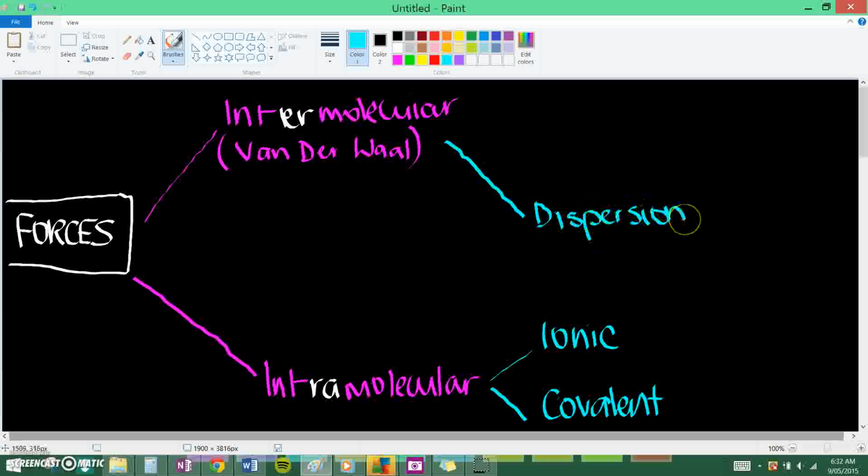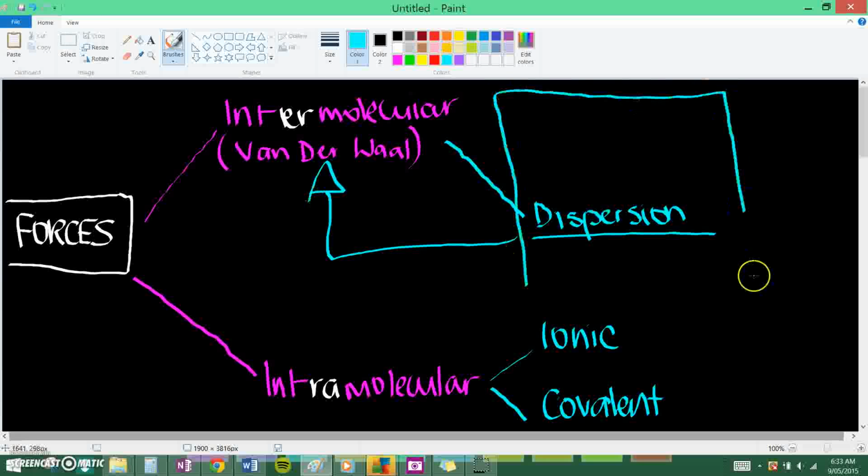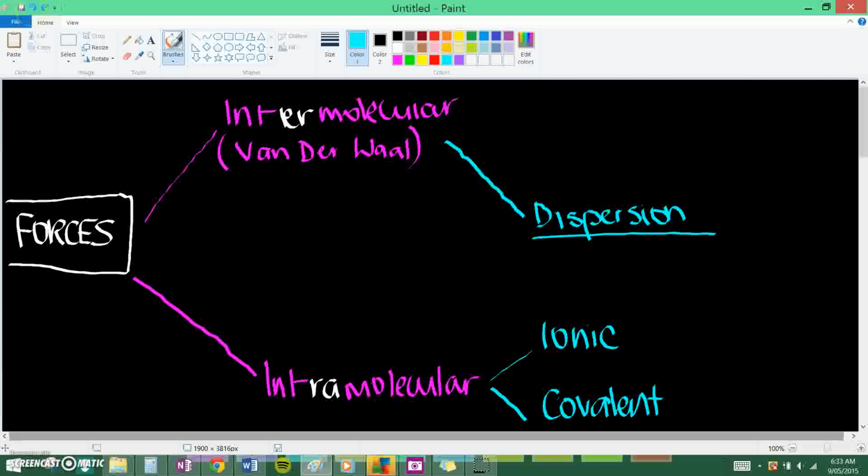The reason for that is because in the past IB syllabuses, for example, the current grade 12s that are going through now, they have been taught that dispersion forces are van der Waals forces, but in our 2016 new syllabus, the IB has changed, referring van der Waals forces to the whole region of intermolecular forces. I don't know why, but just keep that in mind.